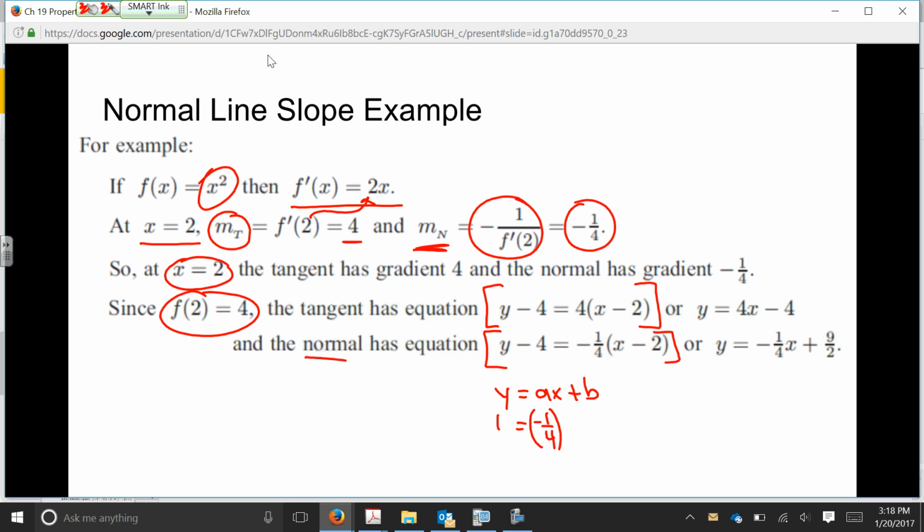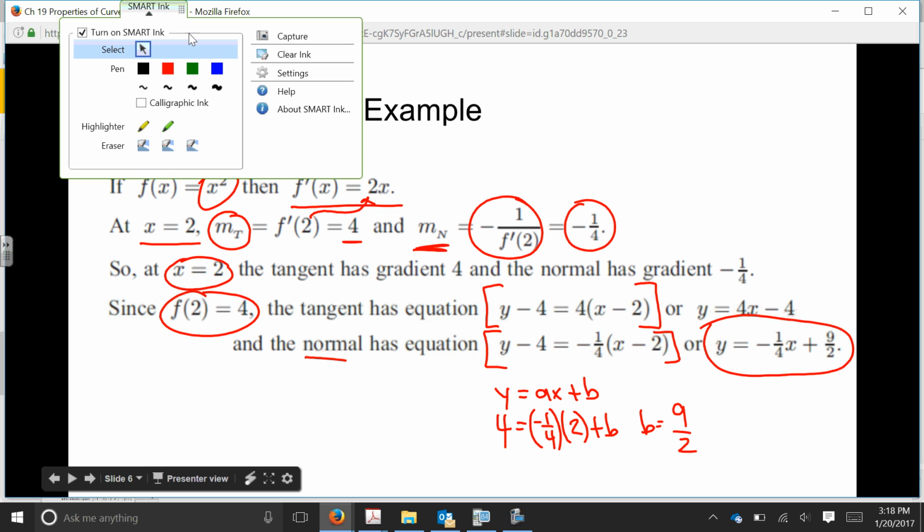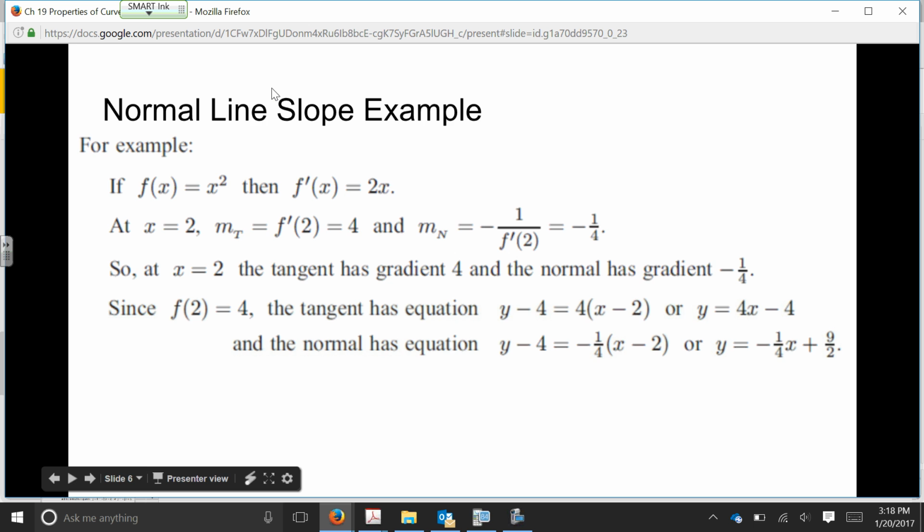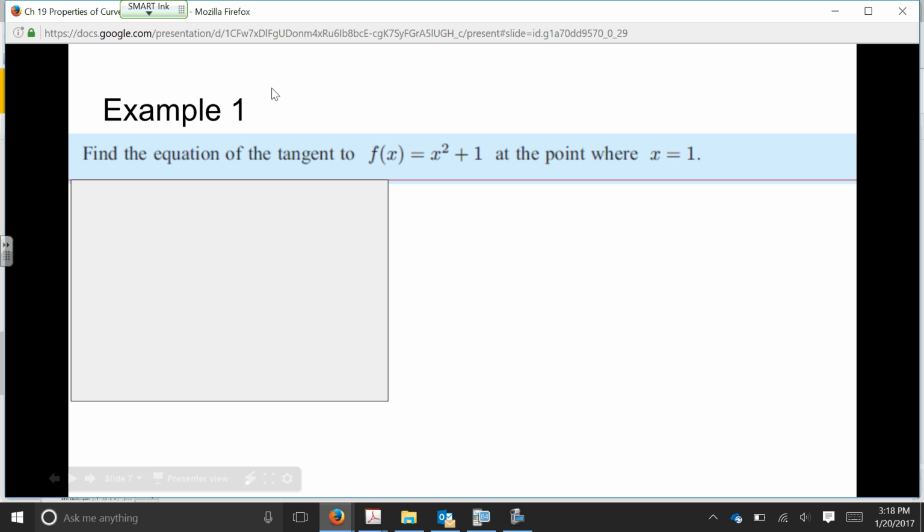So I can go ahead and plug in 4 equals -1/4 times 2 plus b. And just do some simple algebra there and end up getting 9/2. So then we can just plug in and get y equals -1/4 x plus 9/2. So again, just really using calculus ideas, but really we're just doing algebra here.